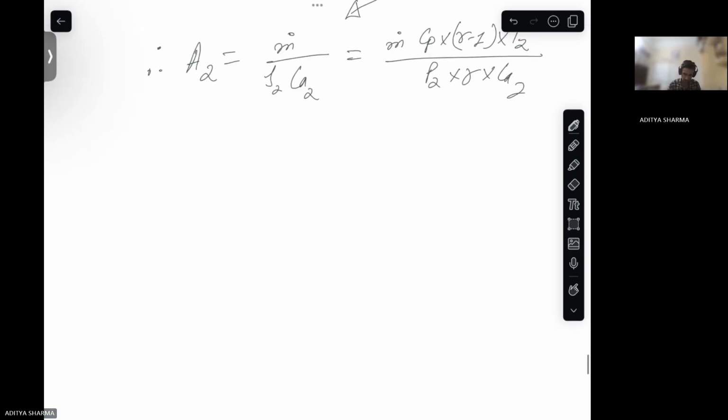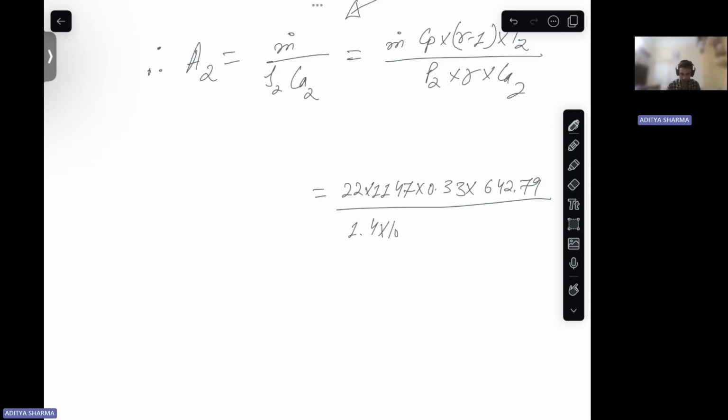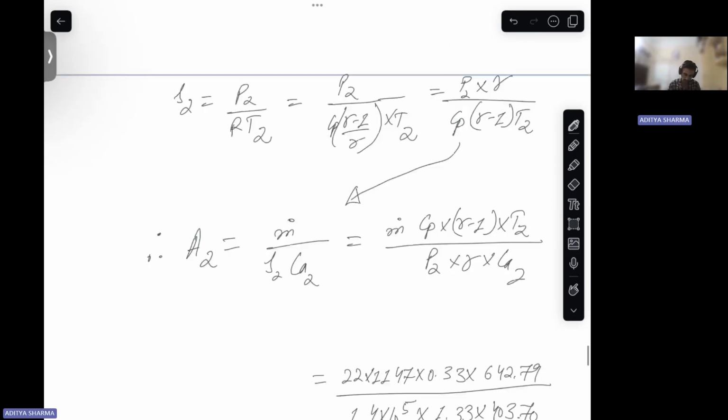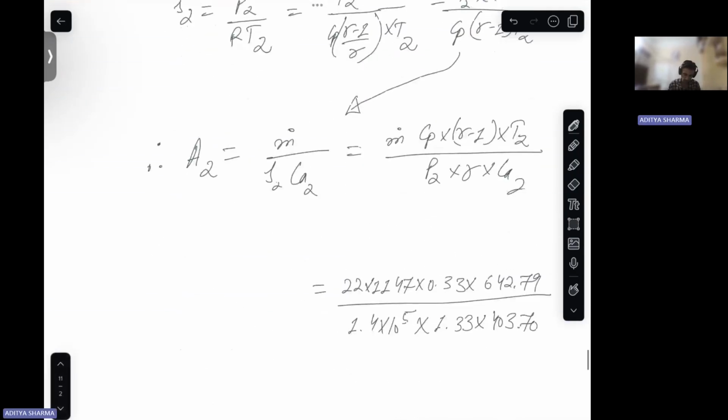Okay. And now if you place values, 22 into 1147 into 0.33 into 642.79 divided by P2, which is 1.4 into 10 to the power 5, then 1.33 into 403.70, that is CA2.